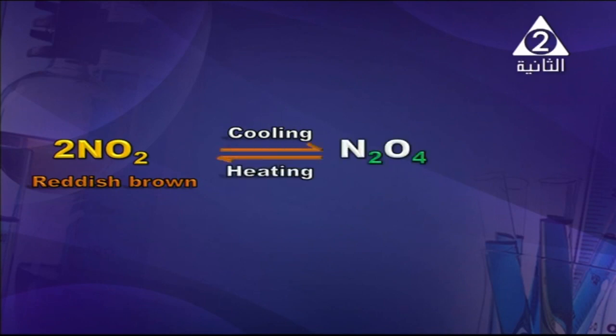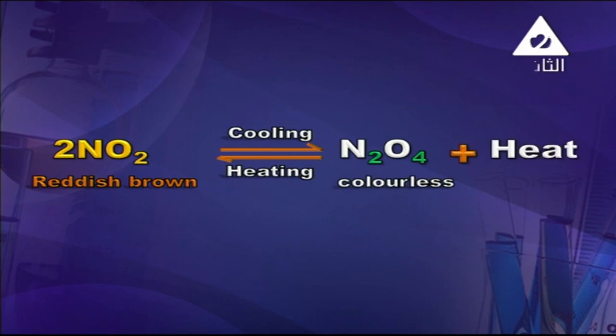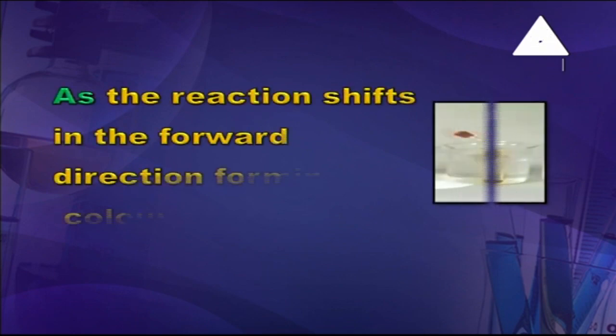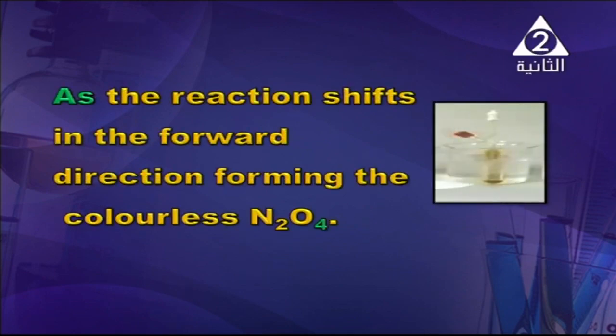As the equation shown on the screen, 2NO2 reddish brown color by cooling gives N2O4 dinitrogen tetraoxide, and heat is released as the reaction is exothermic. So when the flask is cooled, it becomes colorless as the reaction shifts in the forward direction, forming dinitrogen tetraoxide, which is colorless.